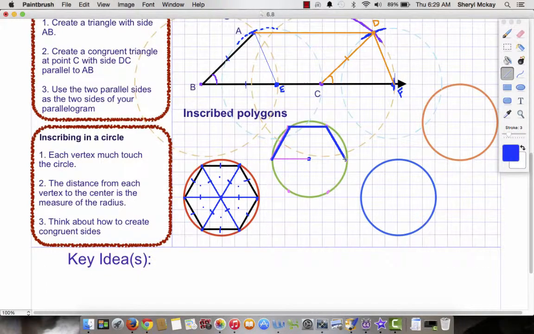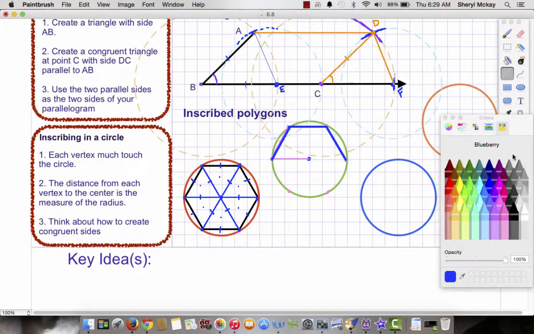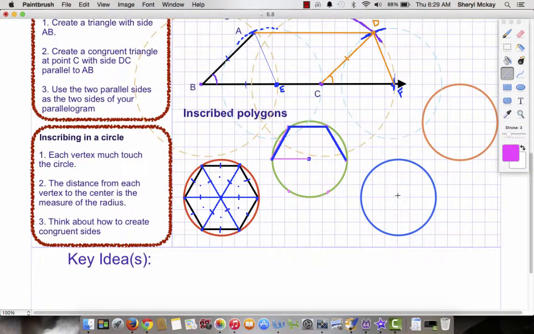All right? Now, let's use that same idea, and this time, let's go ahead and create a triangle. Always when we do our triangle, we need to start at our center of rotation.